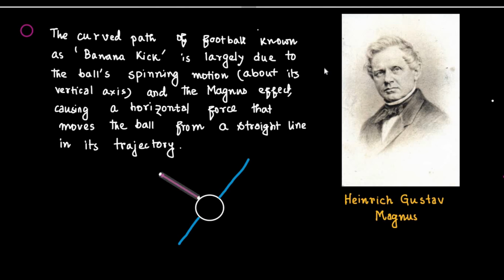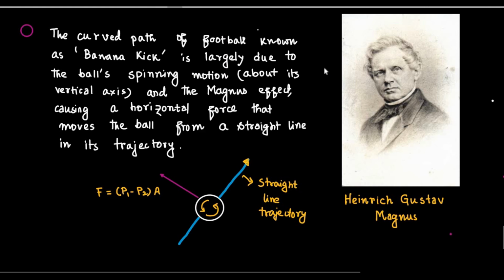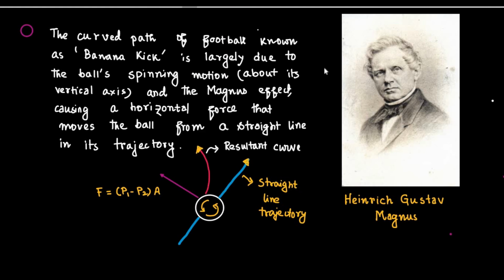So this is the original trajectory, and towards left, Magnus force F acts, and this straight line is the original trajectory. The ball spins anti-clockwise, and the ball travels along this curved path, and this is the resultant curved path of the ball due to Magnus effect.